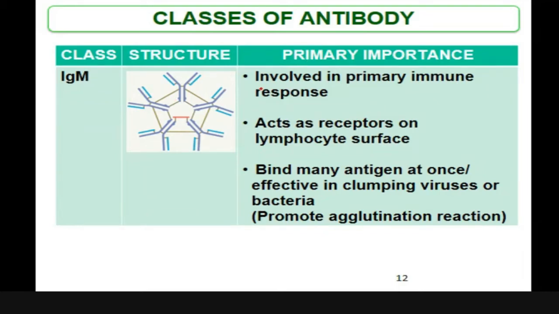For IgM, it involves primary immune response. We will later learn about what is primary and what is secondary immune response. Jadi kita kena ingat IgM, primary immune response that act as receptor on lymphocyte surface. Okay, lymphocyte ni white blood cell lah, white blood cell. So we can find IgM on the surface of the lymphocyte.